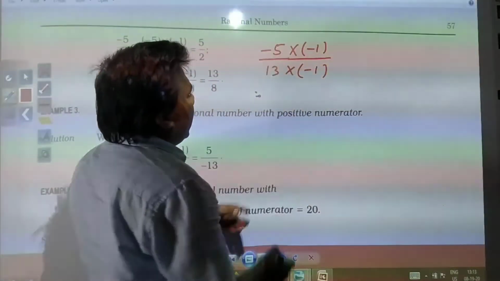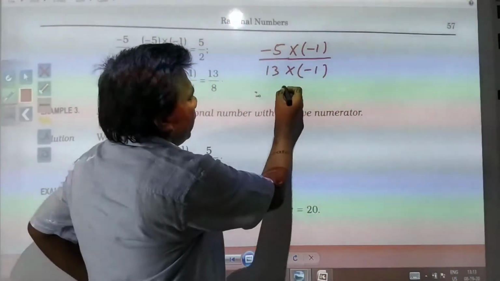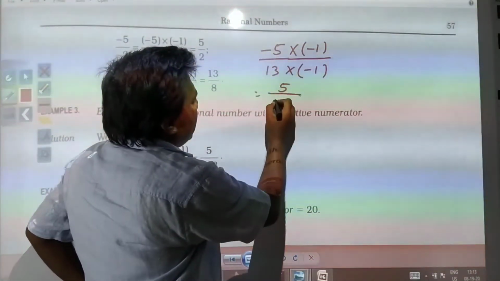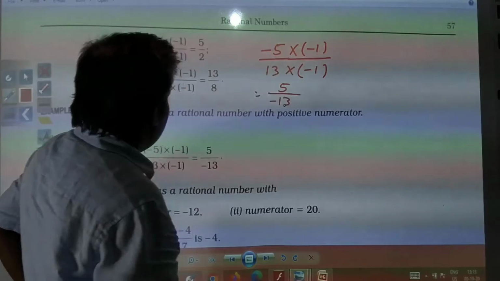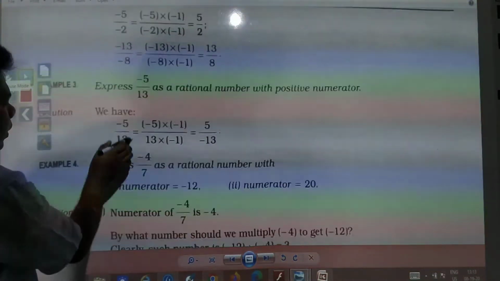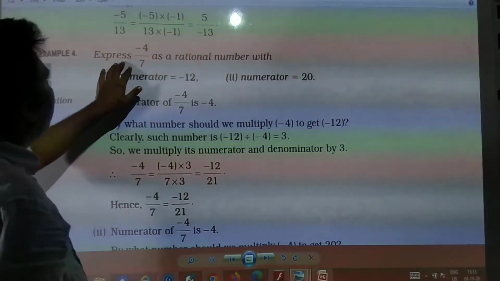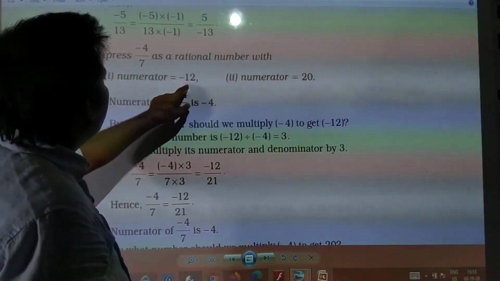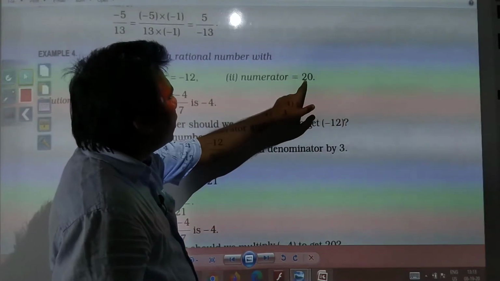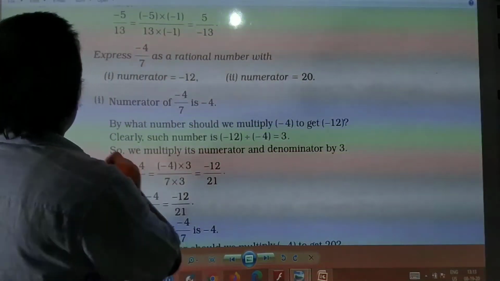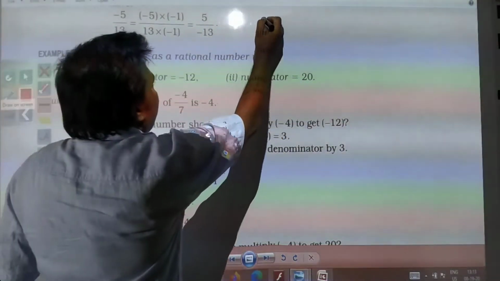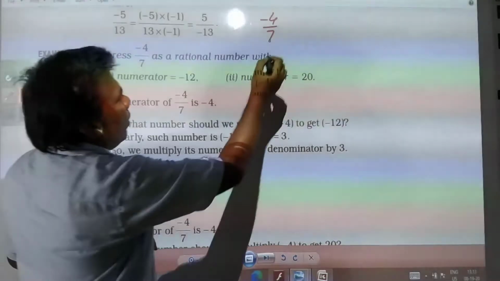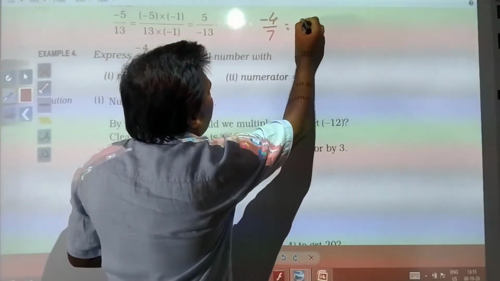If you are multiplying minus 5 into minus 1, what will you get? Positive 5, minus into minus equal to plus, and here you will get minus 13. Then you have, express minus 4 by 7 as a rational number with numerator minus 12 and numerator 20. So suppose you have minus 4 by 7, and you need numerator minus 12.